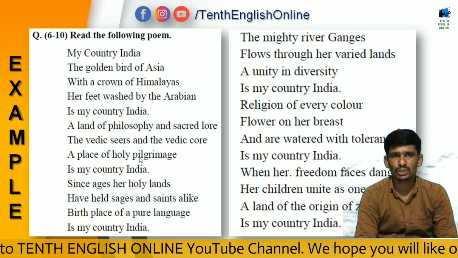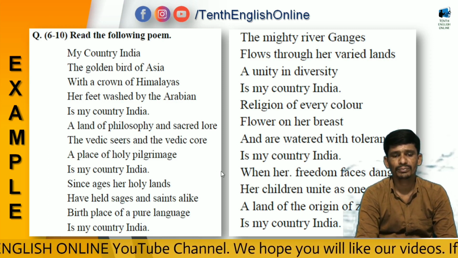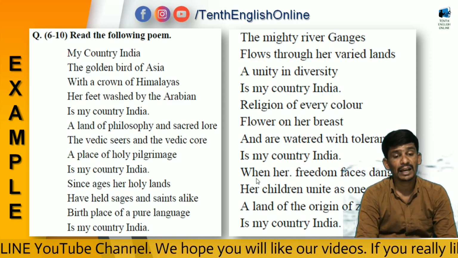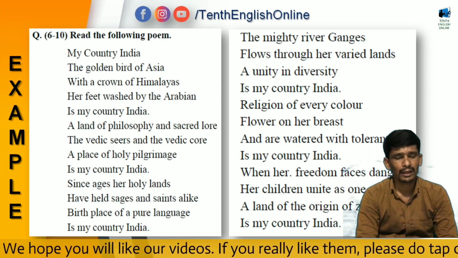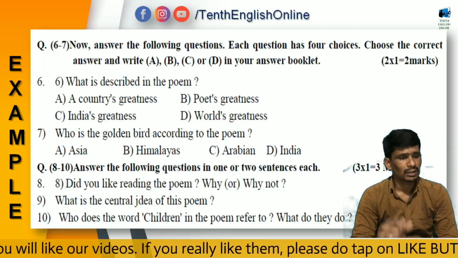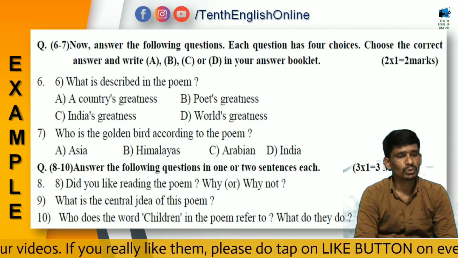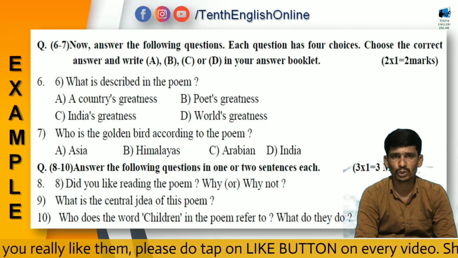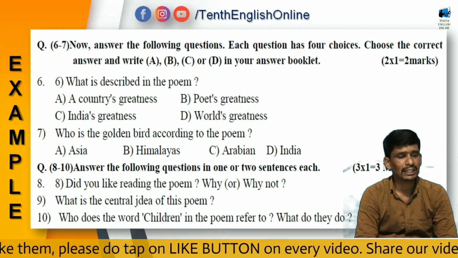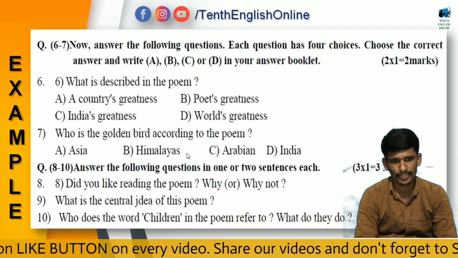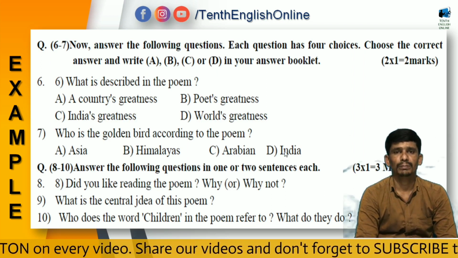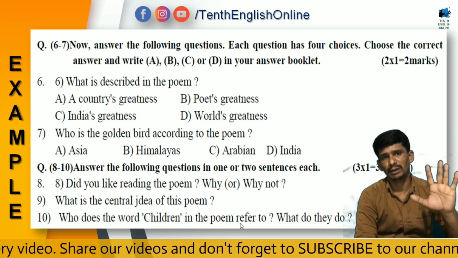If you keep reading this poem till the end, try to solve the answers. And the questions are like this here. Questions 6 and 7, 2 MCQs, carry 2 marks, and then questions 8, 9, 10, 3 short answer questions, carry 3 marks. This unseen poem carries another 5 marks.